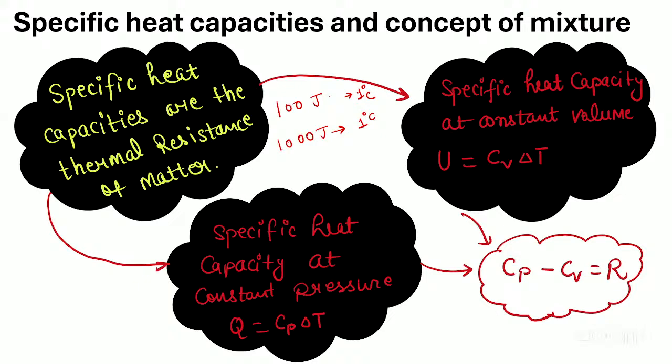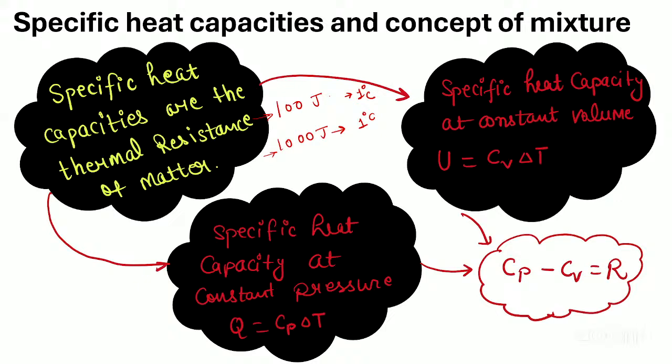So in both cases the amount of heat is different, which means one material is resisting this change of temperature up to 100 joules, but the other material is resisting the change of 1 degree Celsius by 1000 joules. So specifically, the specific heat capacity is the thermal resistance of the matter.